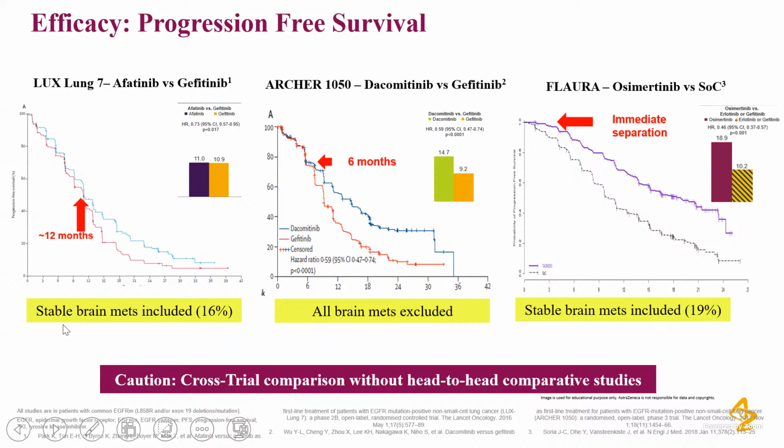The FLAURA trial included stable brain metastasis, 19%, and from the first 2 months the curve started separating. Erlotinib or gefitinib PFS was 10.2, compared with 18.9 median PFS, and the hazard ratio is 0.46.